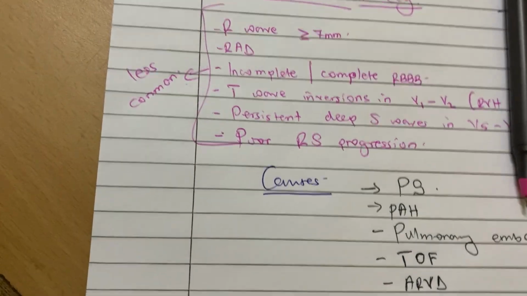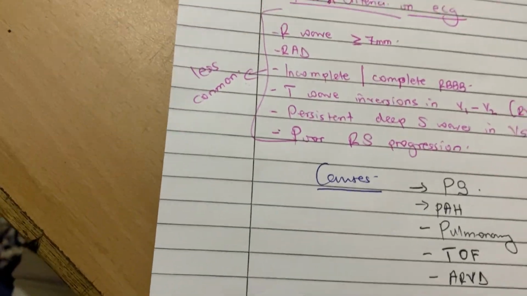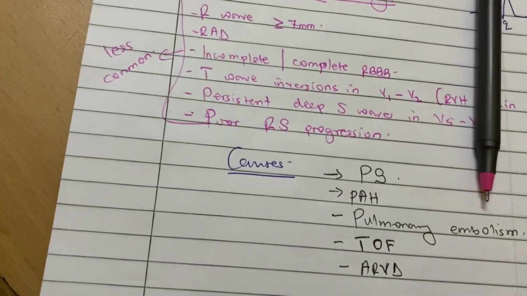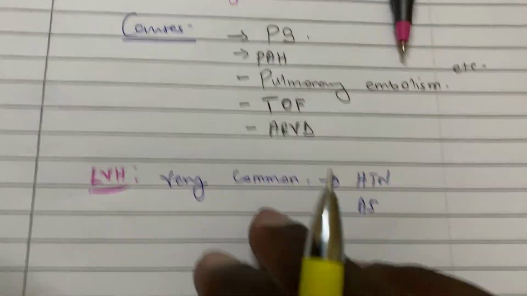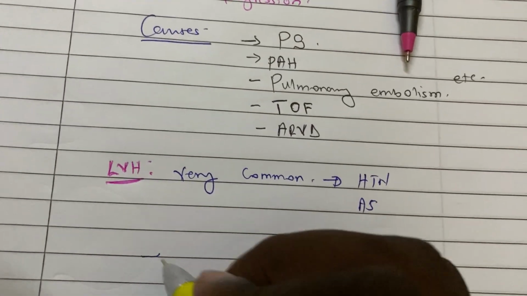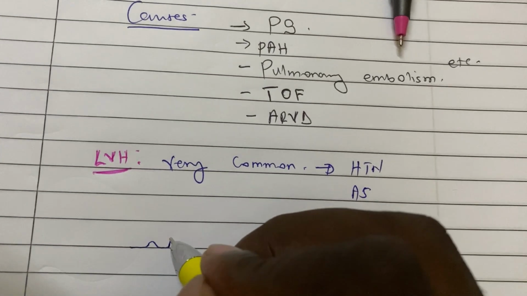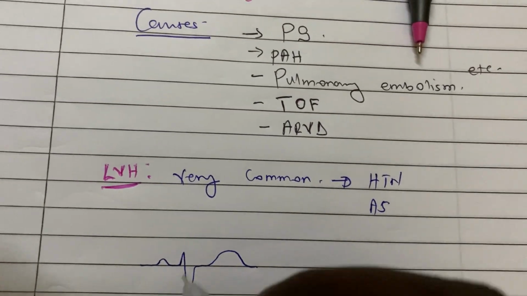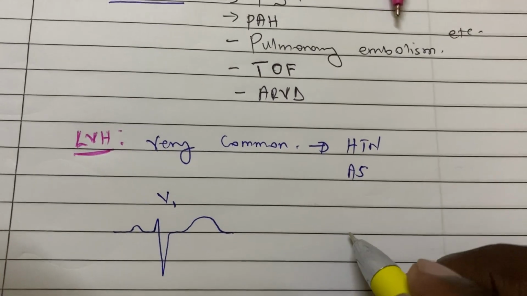So with LVH, what do you expect? Again, we are checking in all the leads. Check all the leads for LVH. But this is what we expect normally in V1 and V6.